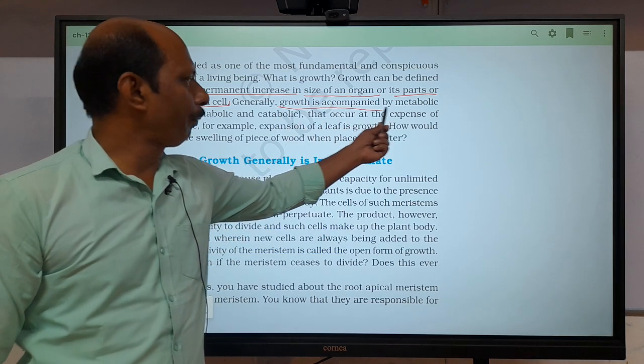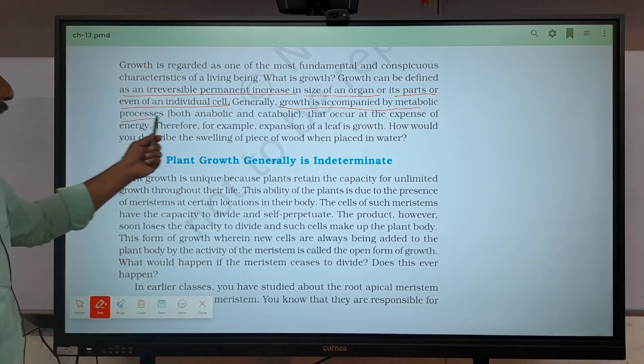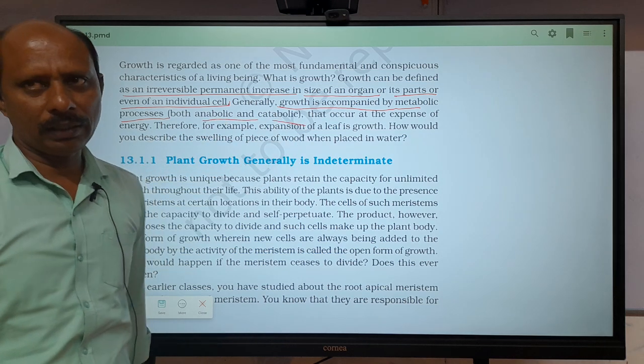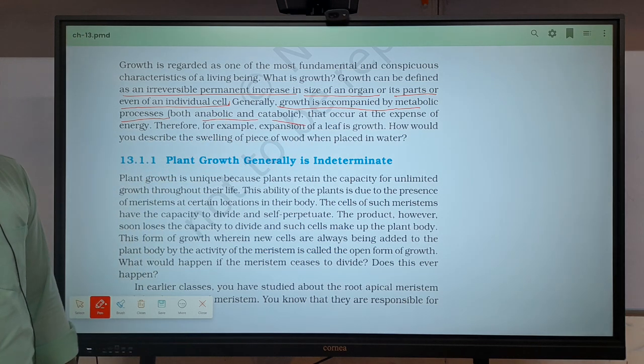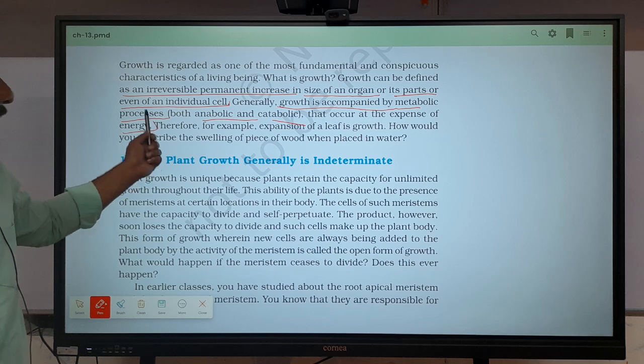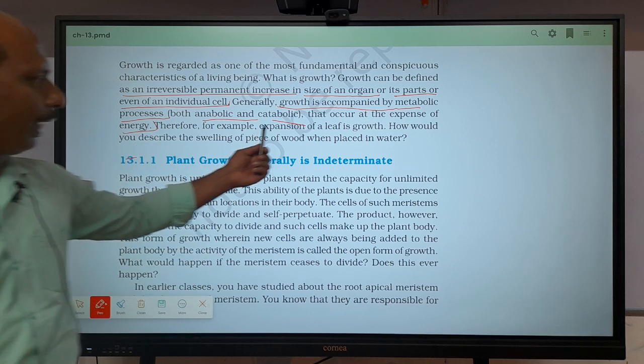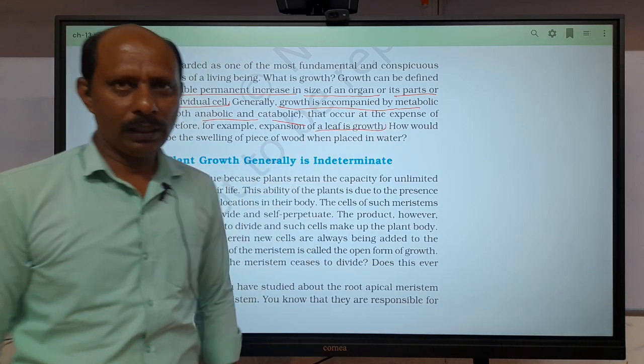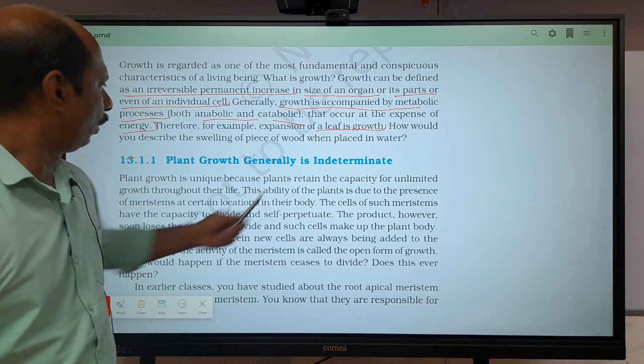It is accomplished by metabolic processes, both anabolic and catabolic, that occur at the expense of energy. Energy means ATP. For example, expansion of a leaf is growth, okay.